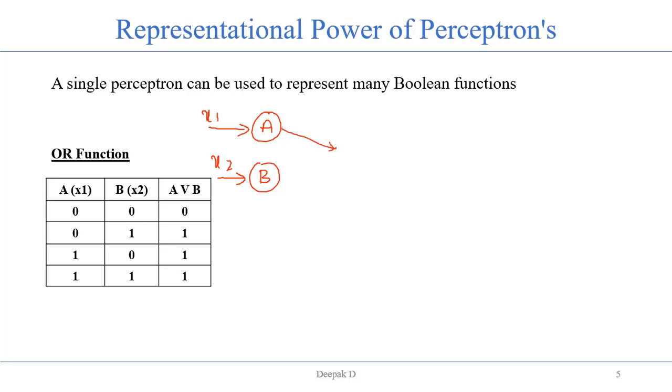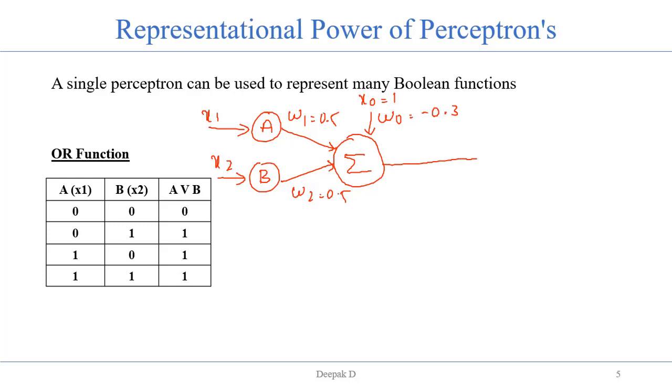Similarly, the weights are initialized like this: w1 equals 0.5, w2 equals 0.5, and the bias input x0 equals 1, and w0 here we have taken as minus 0.3. In the previous AND function we had taken minus 0.8, but I have changed it a little bit in order to get the final value as we expected.